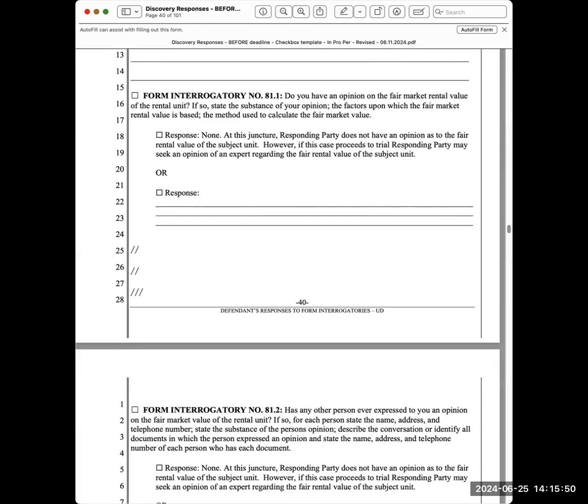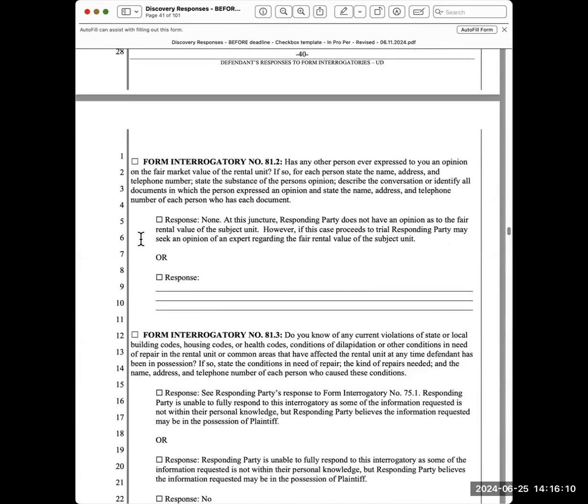This may not be your area of expertise to calculate all the different possible reasons that the value of your unit might be this or that. You don't know, check here. If you are an expert in this area, you can check here and explain why you have an opinion about the fair market value of your unit.